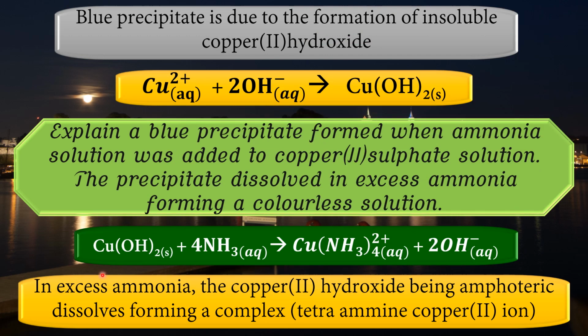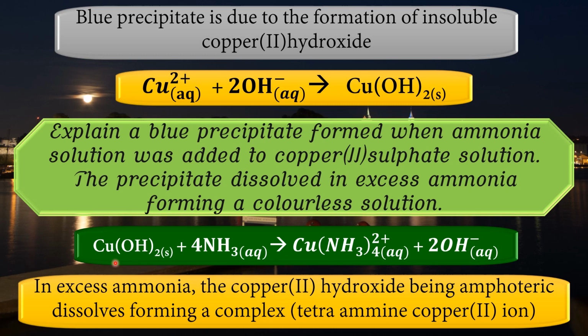So when you look at the equation, this is copper(II) hydroxide, which is our precipitate. We have formed the blue precipitate. Now, when you add excess ammonia solution, we form a complex, which is the tetraammine copper(II) ion. And this one is what forms a colorless solution.